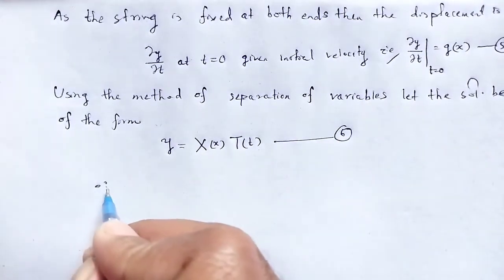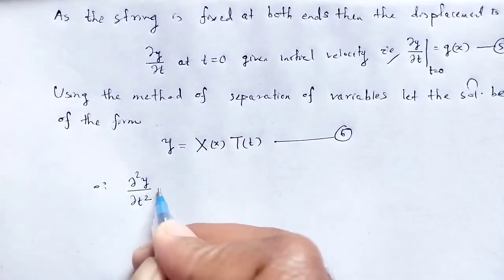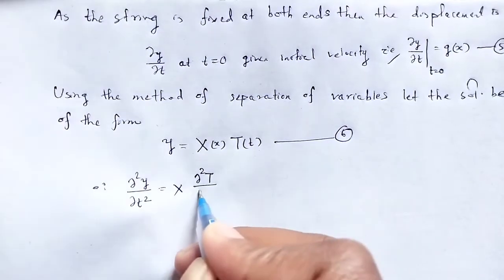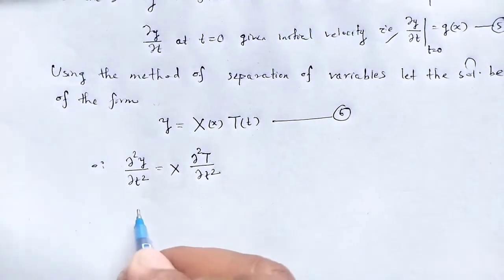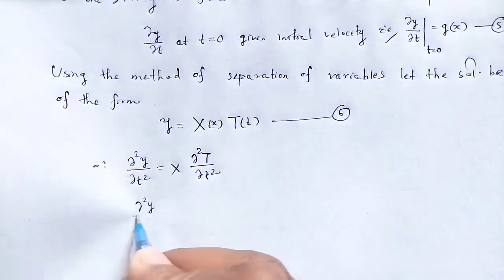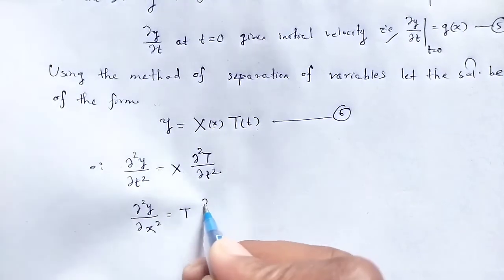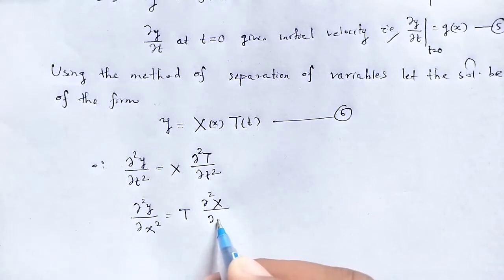Therefore, del 2y by del t2 will be X del 2T by del t2, and del 2y by del x2 is equal to T del 2X by del x2.